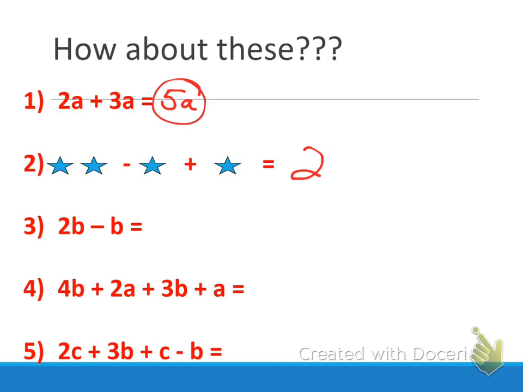Yep, 2 stars, because we had 2 stars. We took away 1, and then we added 1 more back, so we had 2. How about number 3? 2B, take away, how many B's? 1 B, so that gives us just B. We have 2, take away 1.